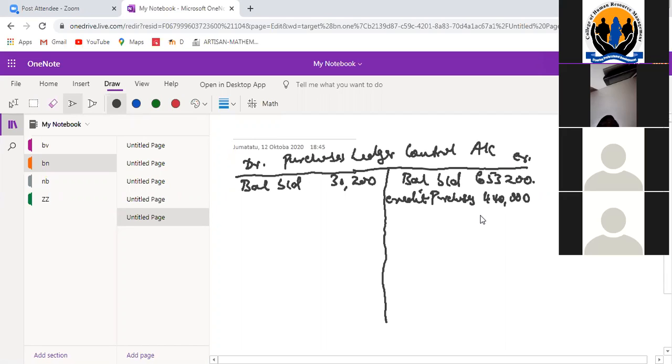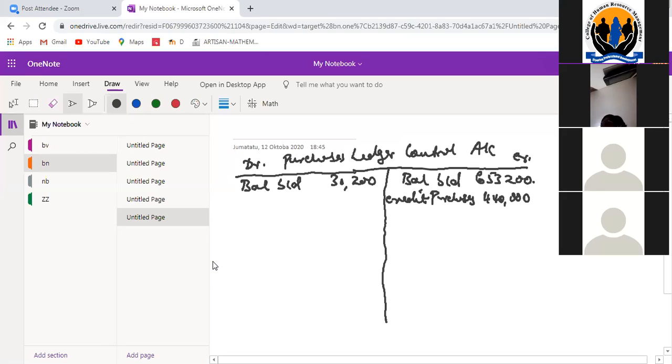If we have cash sales and cash purchases, they are never recorded in the control accounts. Control accounts are only meant to control the debtors and creditors. If a transaction was on cash basis, then there was no creditor, there was no debtor, and therefore you just ignore that transaction. It should never be recorded in the control accounts. Kindly note that.